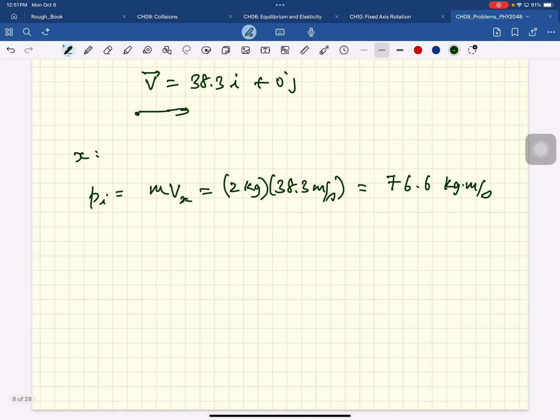All right, so at the very top, this is 2 kgs. That breaks up into 3 pieces.